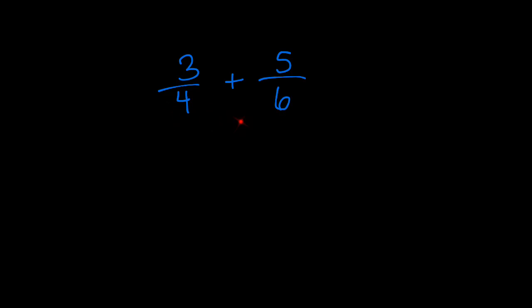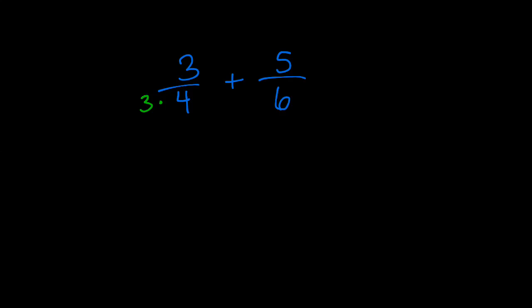So in the past, you've probably just thought to find the least common denominator, so the least common multiple between 4 and 6. What's the smallest thing that both of those go into? That would be 12. So how do we get those each to 12? Well, we need to multiply the 4 times 3, but we can't just multiply 4 times 3.